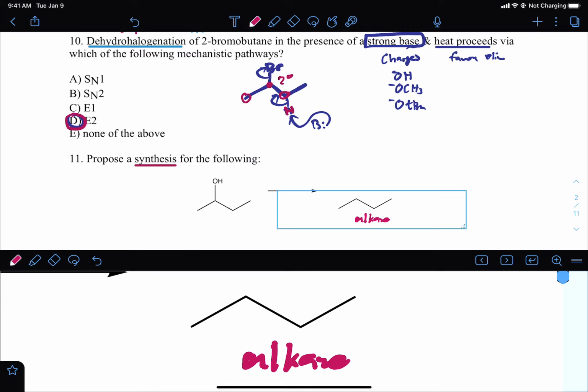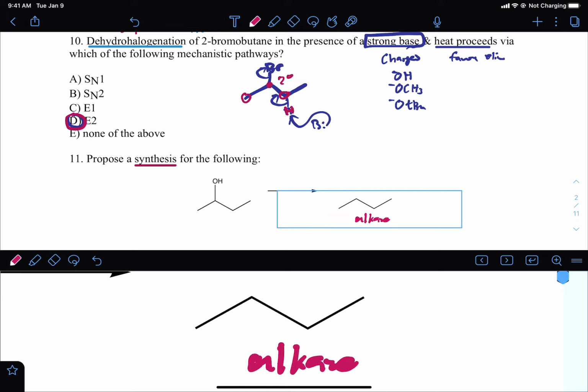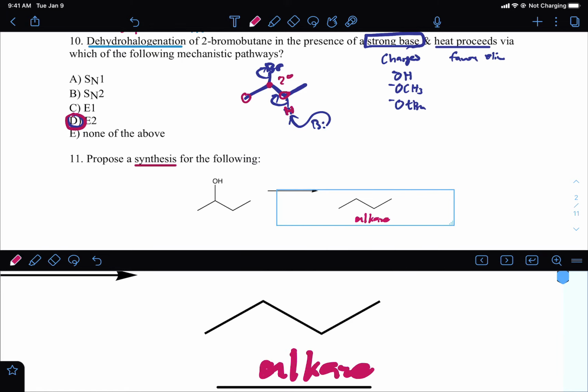So the product of this is an alkane. And we really haven't done much that involves making alkanes. Usually we start with alkanes and we make them into something more interesting. In this case, we're trying to make an alkane. And there's really one reaction that is relevant for making just a plain boring alkane.